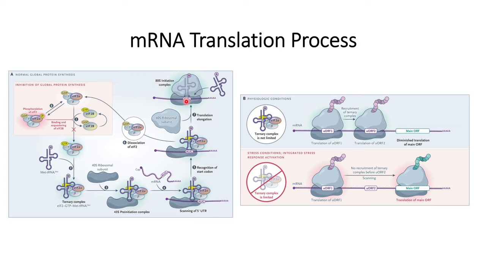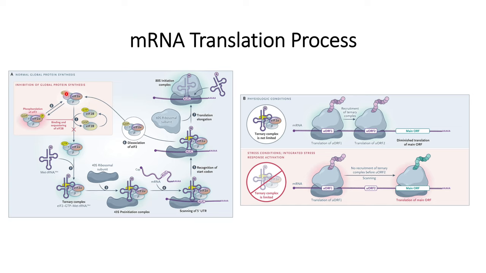This will further continue the translation process of mRNA till it reaches the poly A chain, or we can say till it reaches the stop codon. This is how the normal mRNA process works.